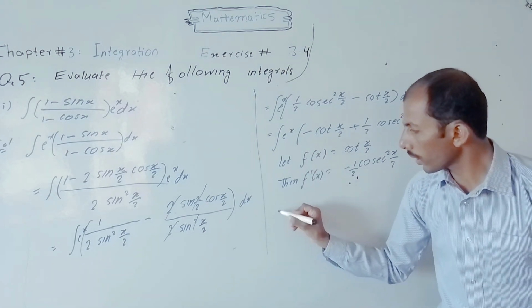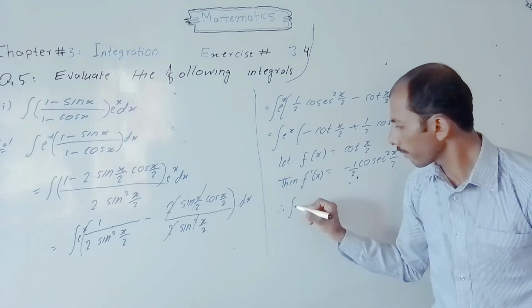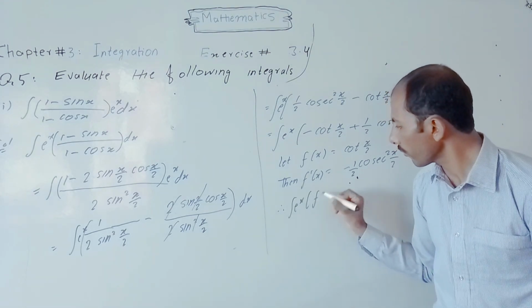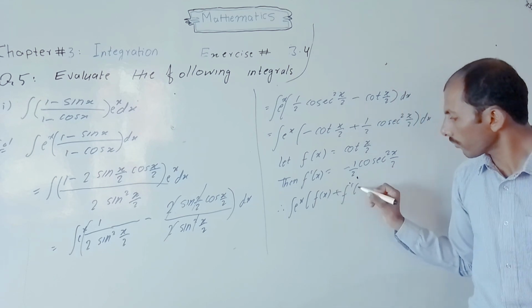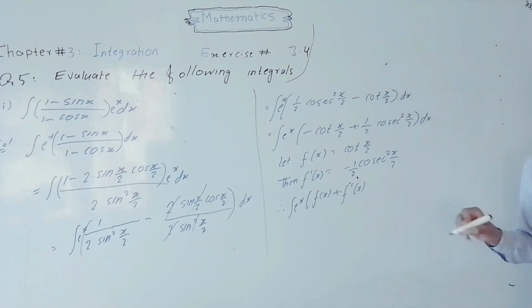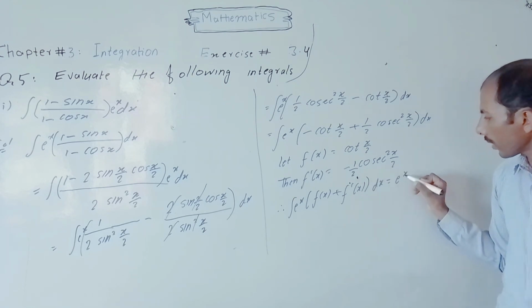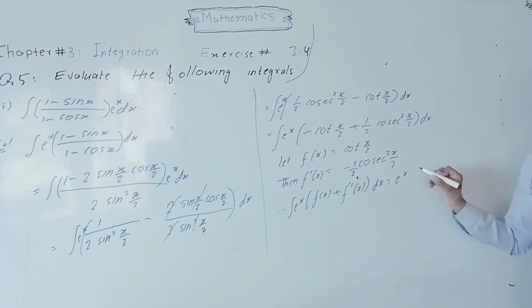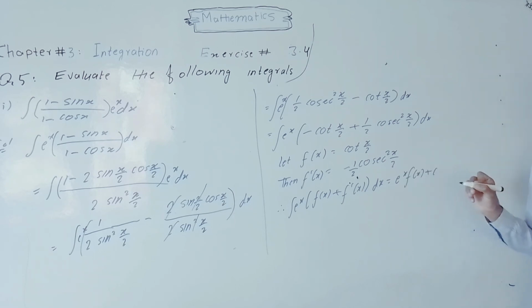using the formula, therefore integral e power x into (f of x plus f prime of x) into dx is equal to e power x f of x plus c.